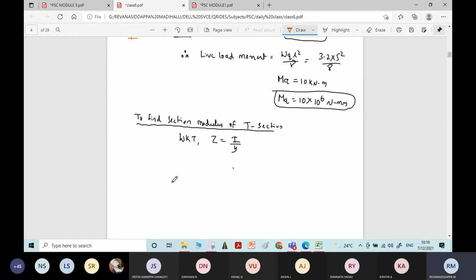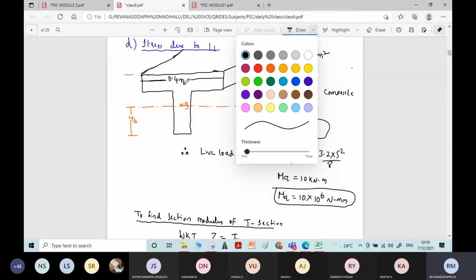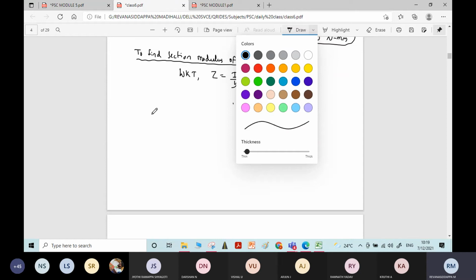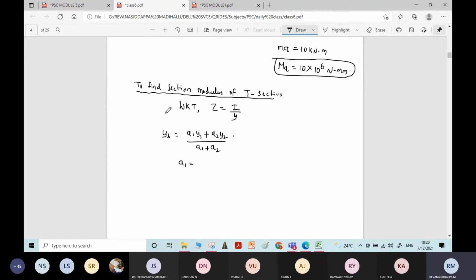Therefore, YB is equal to, here there are two rectangles, one is the web, one is the flange. To find the centroid, what will be the formula? A1 Y1 plus A2 Y2 divided by A1 plus A2.